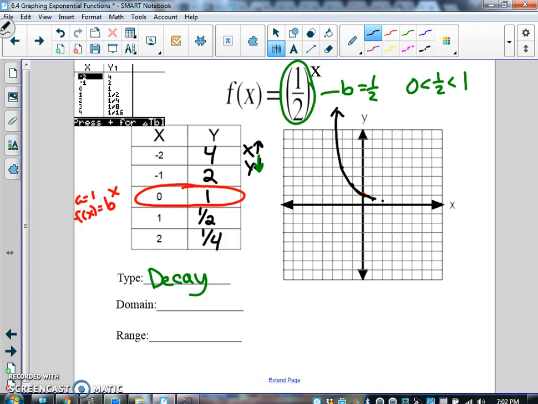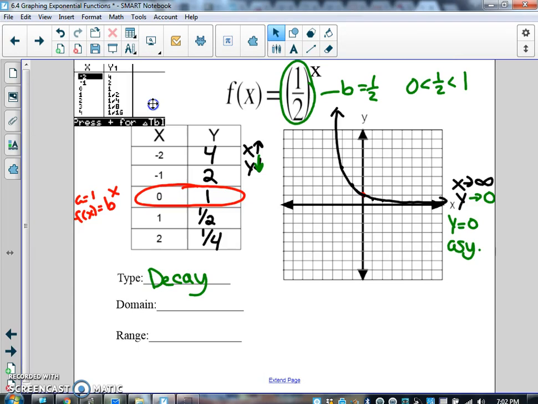And this value, as x approaches infinity, is going to approach y equals 0. So as x approaches infinity, y will tend towards 0, but never reach it. So y equals 0 is an asymptote. Okay. And that's graphing this function.